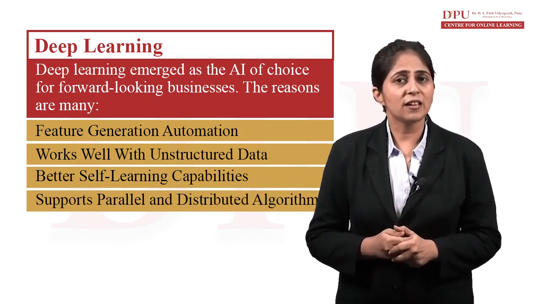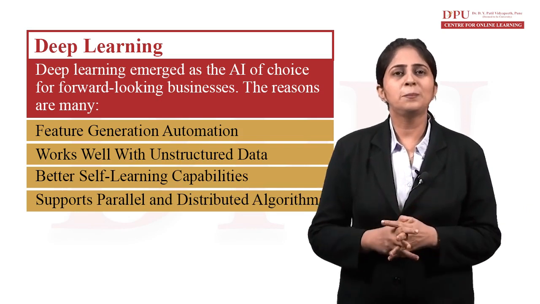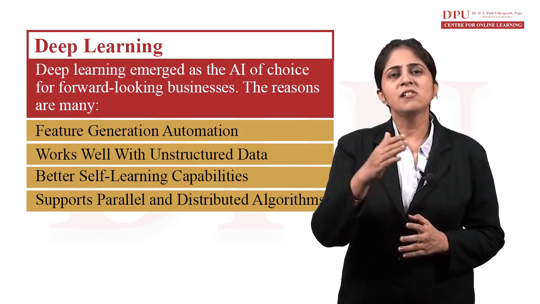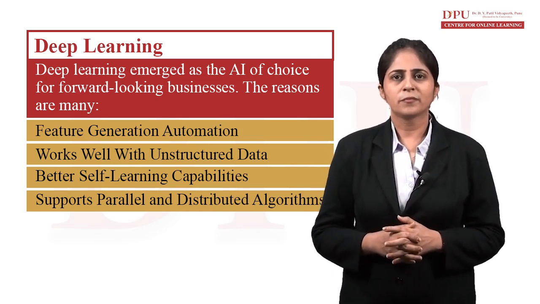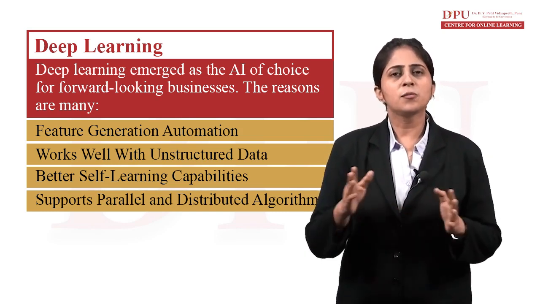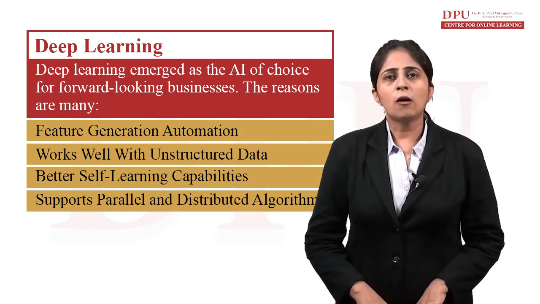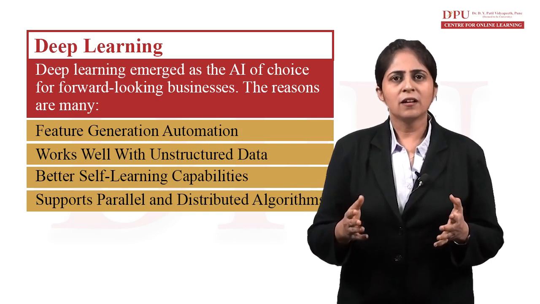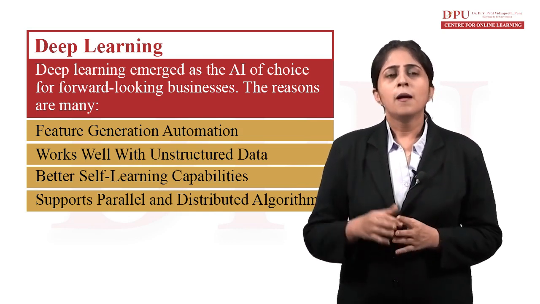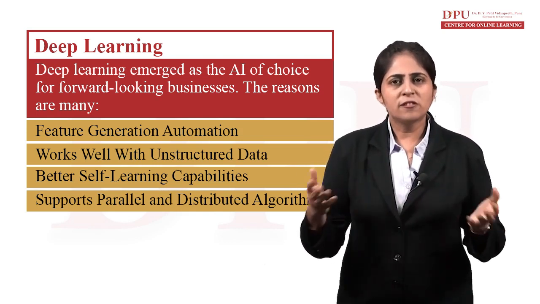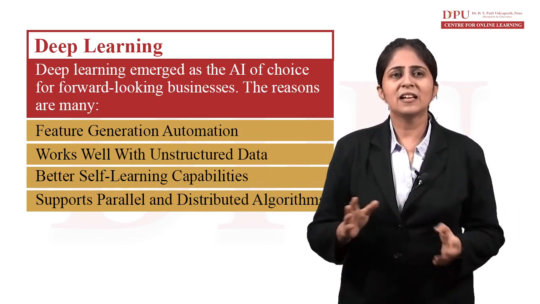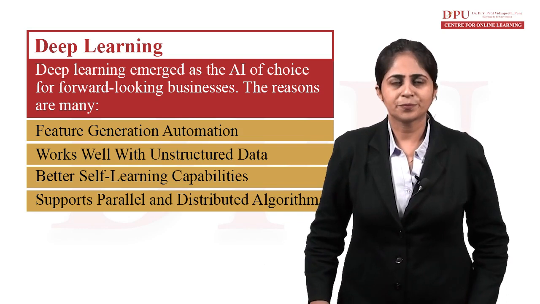Talking about the next advantage of using deep learning, it supports parallel and distributed algorithms. Parallel and distributed algorithms allow deep learning models to be trained at scale. They can be distributed across multiple systems to complete the training in less time.